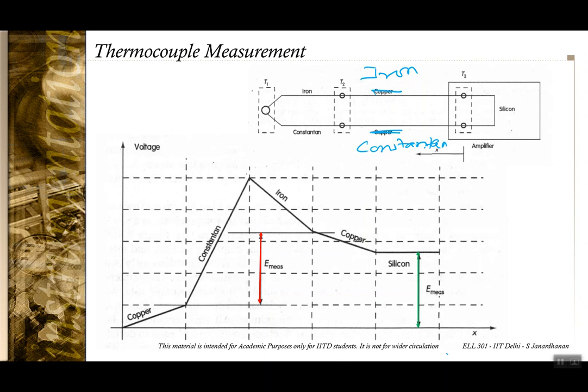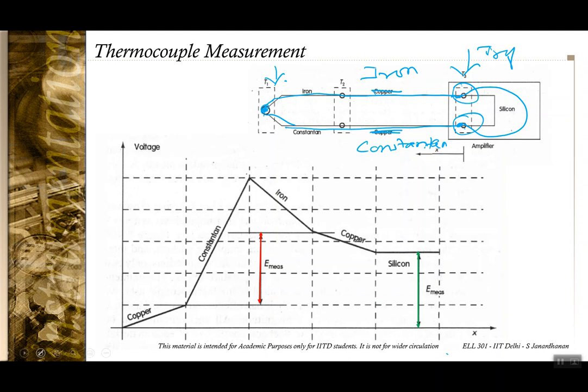Now what would happen is that there are fewer junctions, there is no thermal junction here. So this is one end of the thermocouple, this is another end of the thermocouple, and this is the third material whose both ends are at the same temperature. So we have T3, which is the reference instead of T2, and we have T1 as a hot junction, and the temperature can be measured.